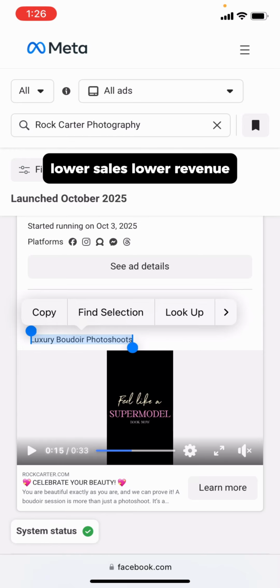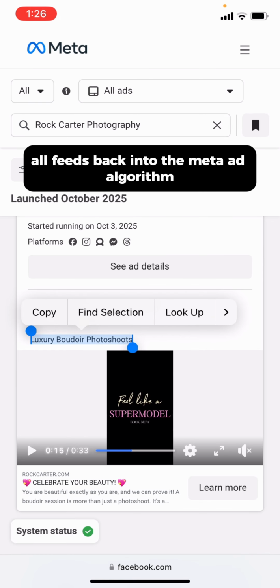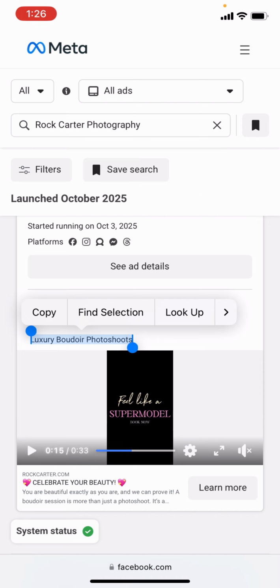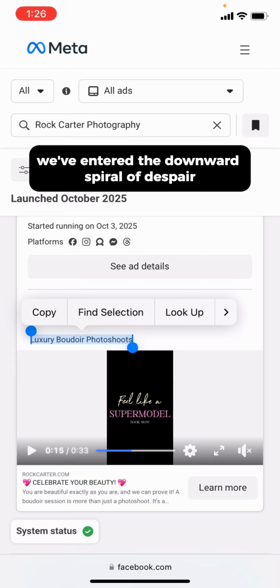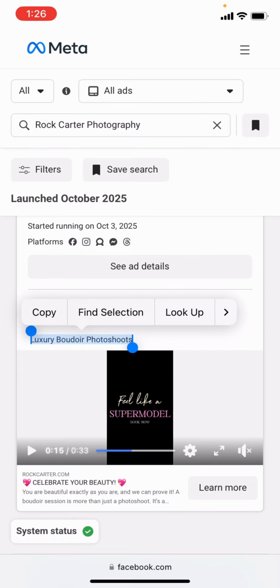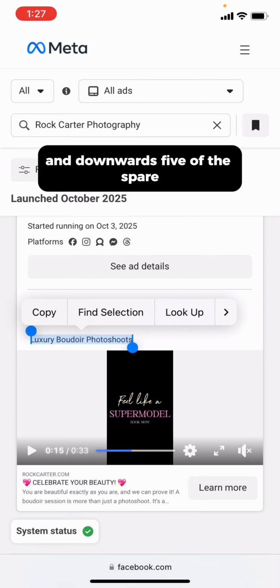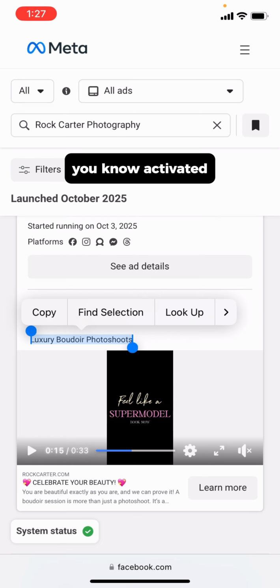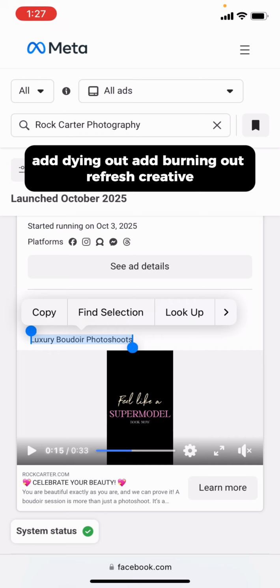Lower sales, lower revenue, lower bookings, fewer conversions, lower ROAS from tranche 1 women, all feeds back into the Meta ad algorithm. Again, we've entered the downward spiral of despair. For tranche 2, our ads go to lower converting Meta profiles over time, which means same ad spend, lower results, which results in same ad spend, even lower results with tranche 3, and downward spiral of despair, activated. Worse and worse results over time. Ad dying out, ad burning out, refresh creative.